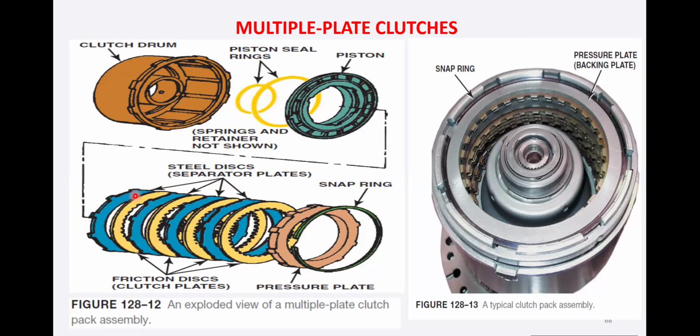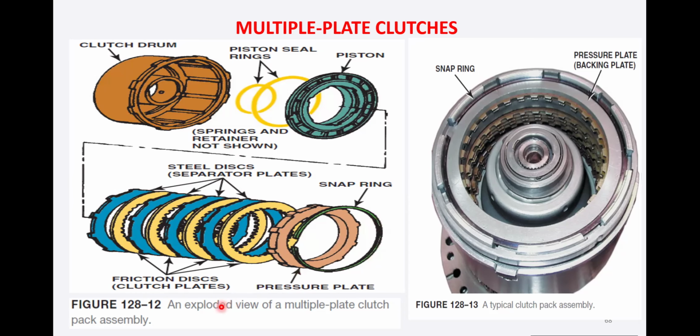One, this blue in color, these are the steel discs or the separator plates, and the yellow discs, which are the friction disc clutch plates. In the steel plates, we have the outer splines, and in the friction disc, we have the inner splines. Then we have this pressure plate, and ahead of this pressure plate, we have this snap ring here.